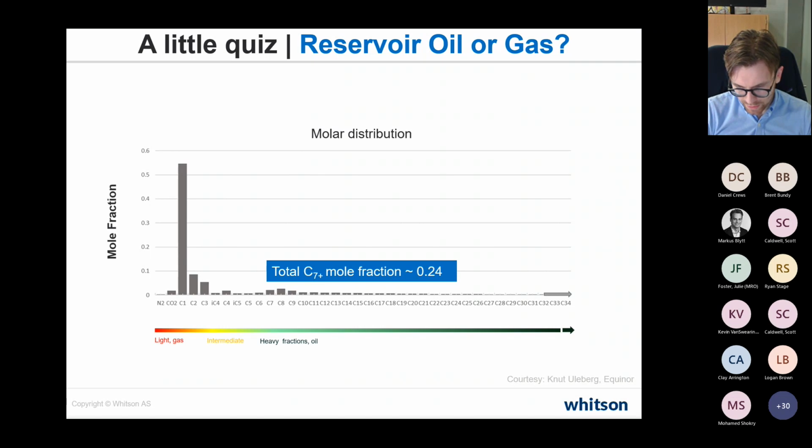Excellent. So we have a lot of answers. It's not a bad guess, but obviously this is a kind of trick question. Logan Brown, that comment right there, it's beautiful. If nobody saw Logan's comment: it depends on reservoir conditions.